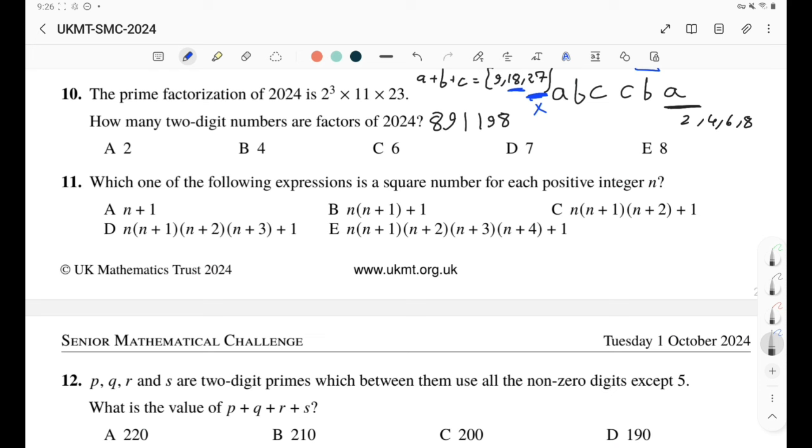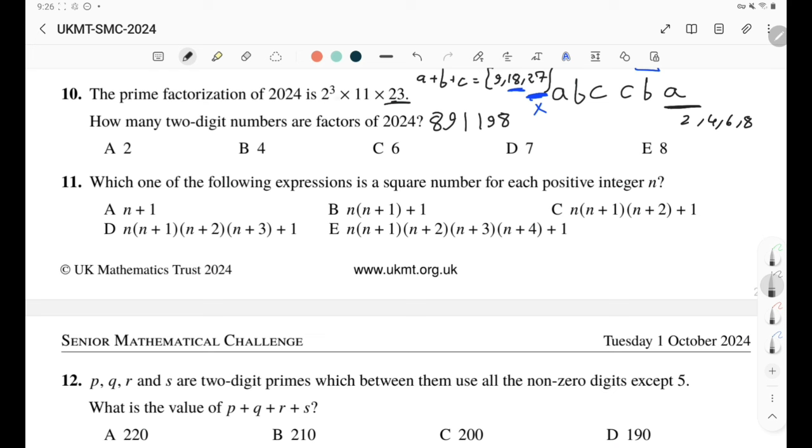Now they're asking us how many 2-digit numbers are factors of 2024. So we need to find the factors here that are just 2 digits. Let's think about this. If we want to have 23, then we can either have 23 itself, or of course these together, but they cannot be together because they will clearly give us a 3-digit number, not 2-digit.